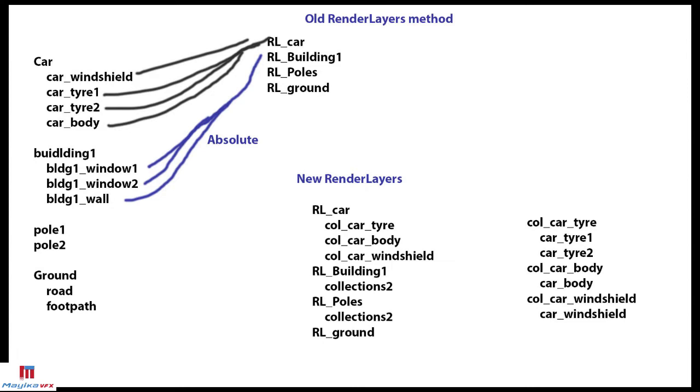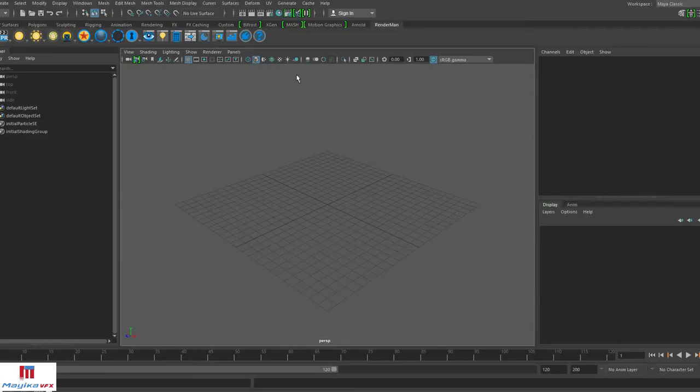We can save different collections with objects, different collections without objects, different collections with overrides, render layers separately, and everything at once, and we can reuse them in other shots as well. Now let's move to Maya and see how to create render layers.